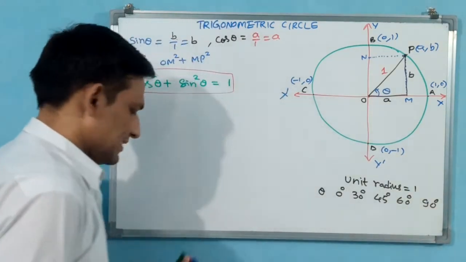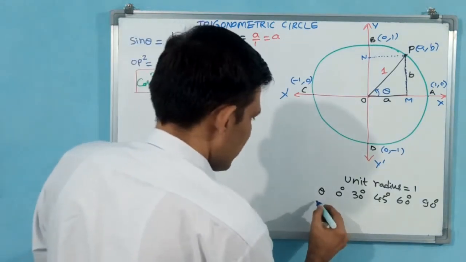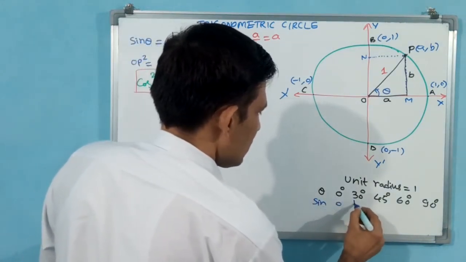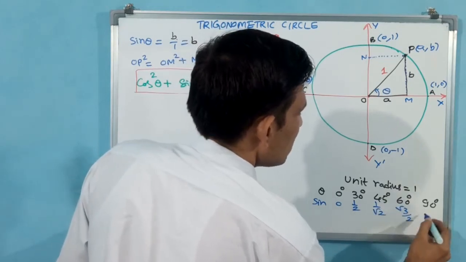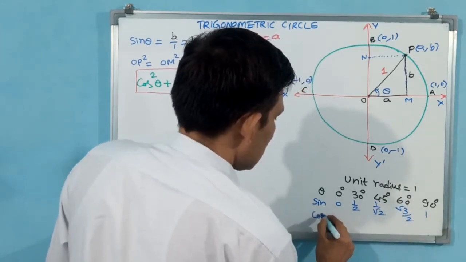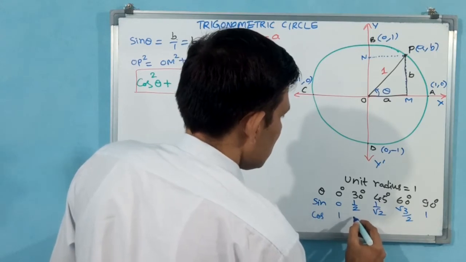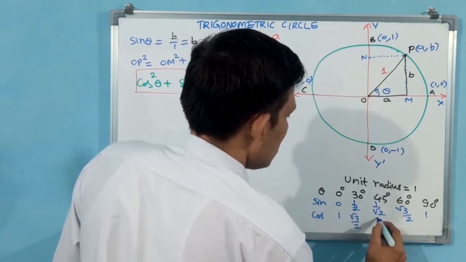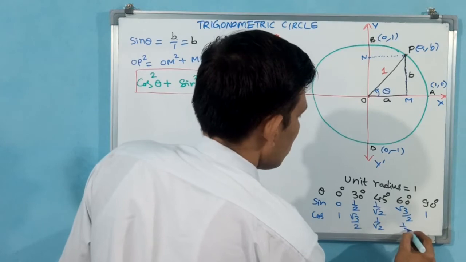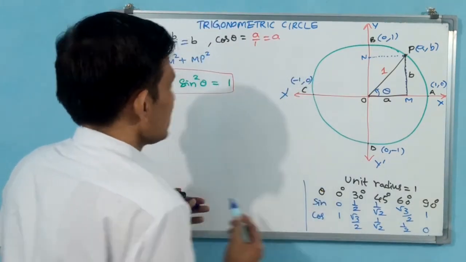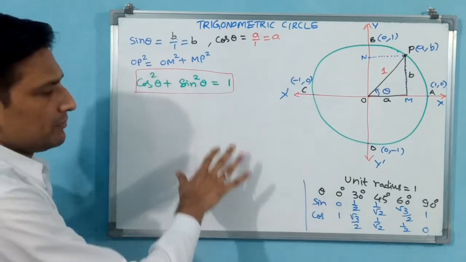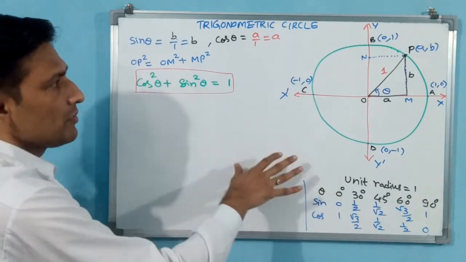Then sine: 0, 1 by 2, 1 by root 2, root 3 by 2, 1. Cos: 1, root 3 by 2, 1 by root 2, 1 by 2, 0. These results, let us see how they have come.